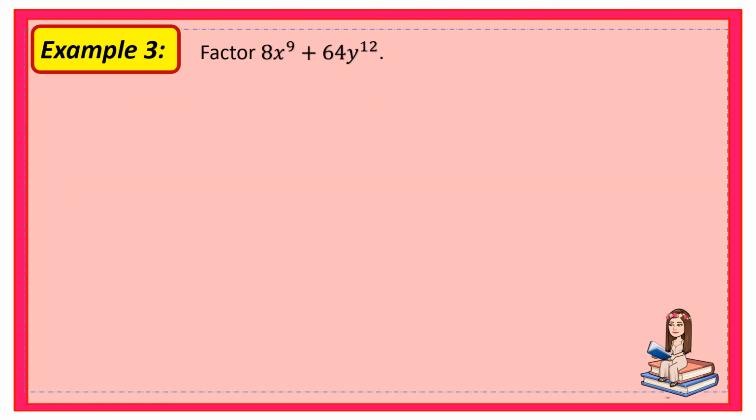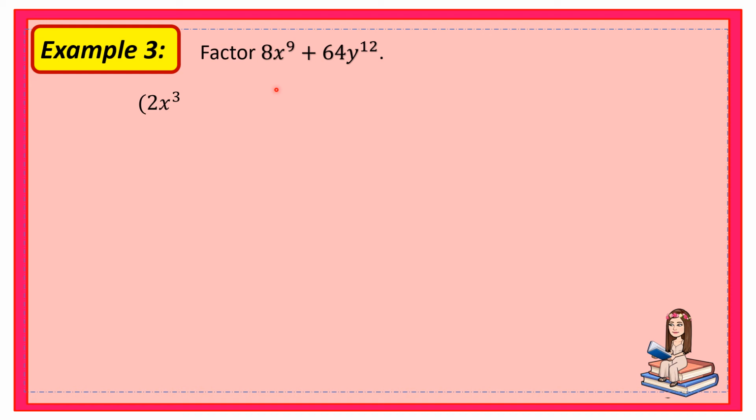Okay? Let's have the third example. Factor 8x to the 9th plus 64y to the 12th. So, the very first step is to get the cube root of the first term. So, the cube root of 8 is 2. And the cube root of x to the 9th, you divide the exponent by 3, so that is x cubed.